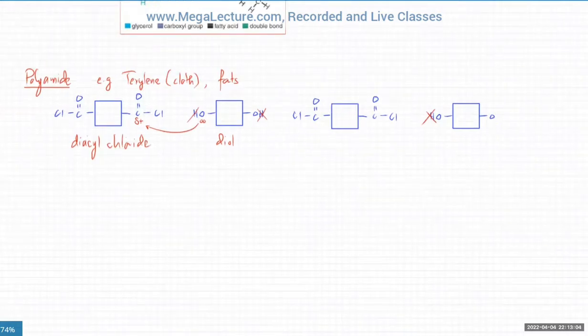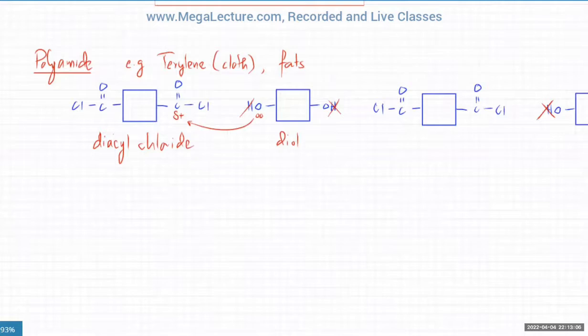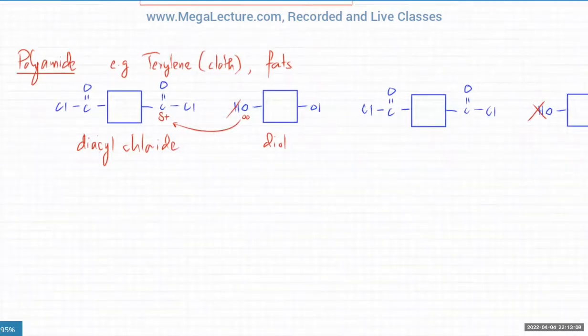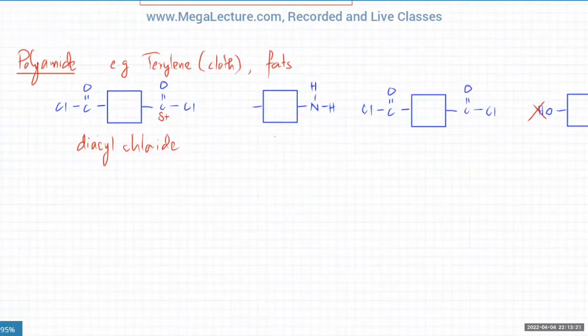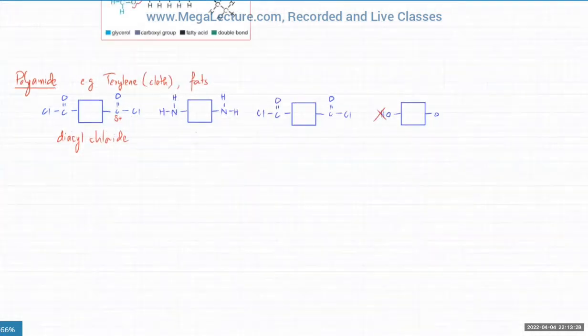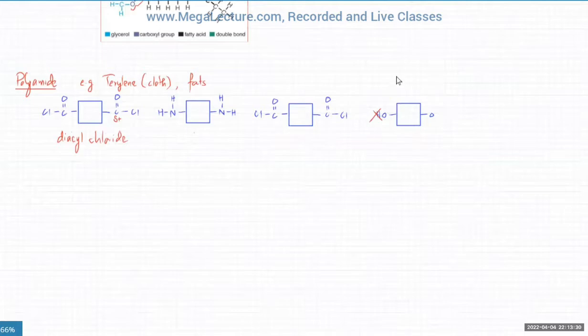And the other part is not an alcohol, it's actually an amine. So instead, this one over here is going to be a diamine. So it's going to have NH2 groups on both sides. So your two monomers are different.